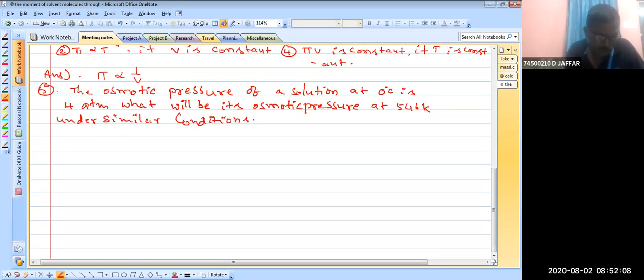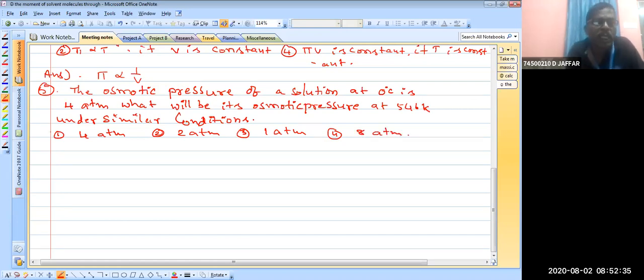Number 1, 4 atmospheres. Option 2, 2 atmospheres. Option 3, 1 atmosphere. Option 4, 8 atmospheres.